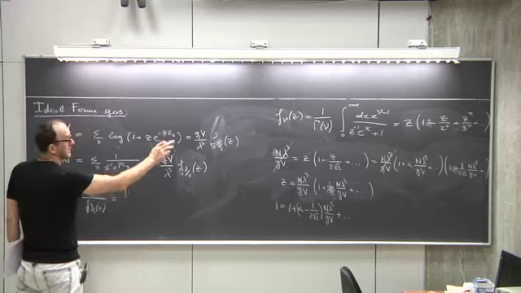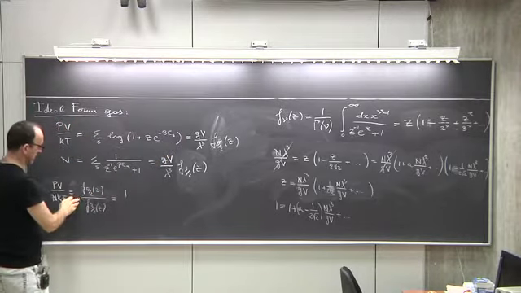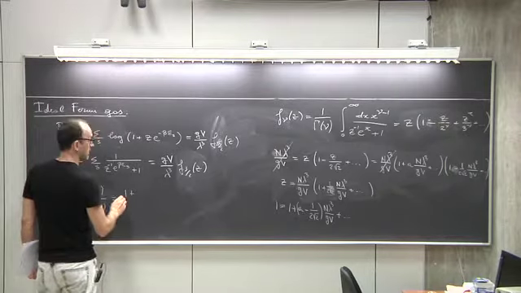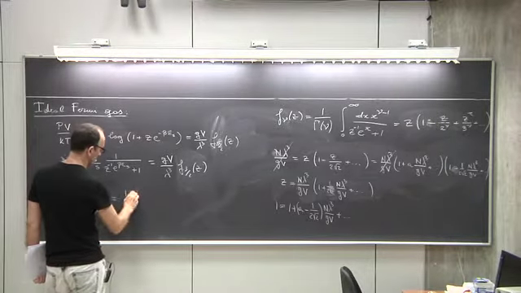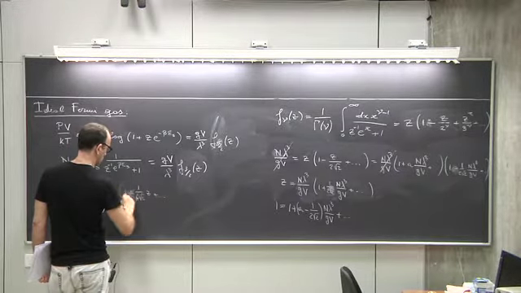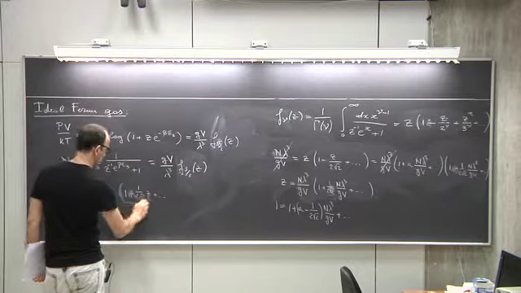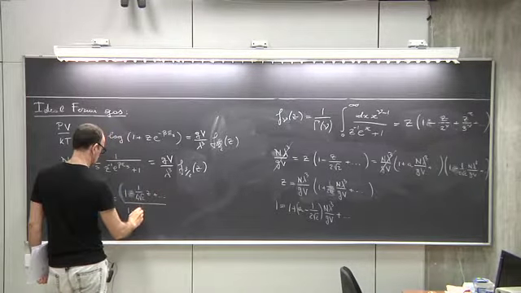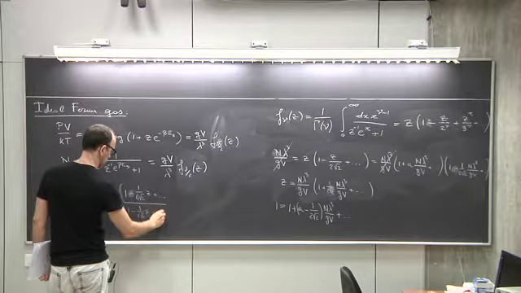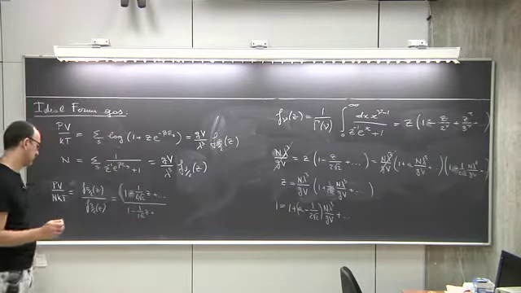Here I can use both expansions, and this will be 1 minus 1 over 4 square root 2 times z plus higher order terms, divided by 1 minus 1 over 2 square root 2 times z, etc.